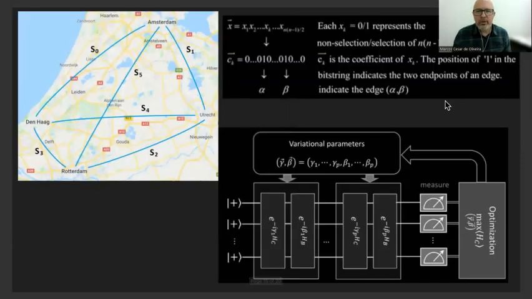Okay, the other one is related to optimization, and there is a very important problem in optimization, which is related to all the problems that we can use in industry, which is the traveling salesman problem. So this is very important in computation. So let's suppose that we have 4 cities here that are connected by all those roads, and we want to find the shortest route between all those cities.